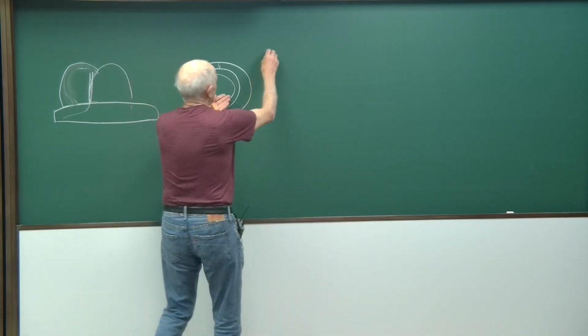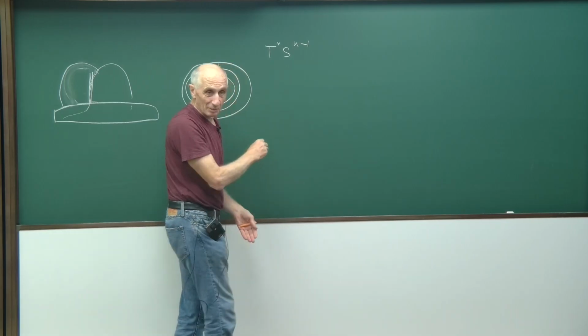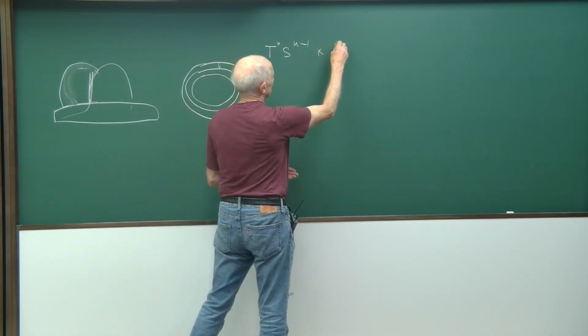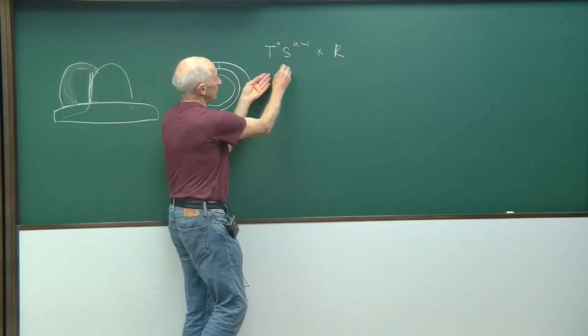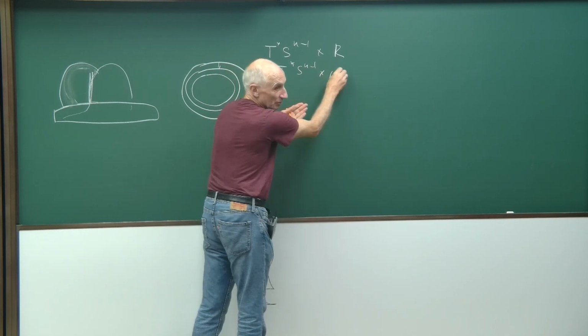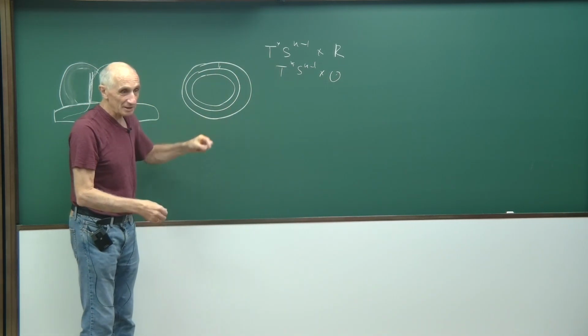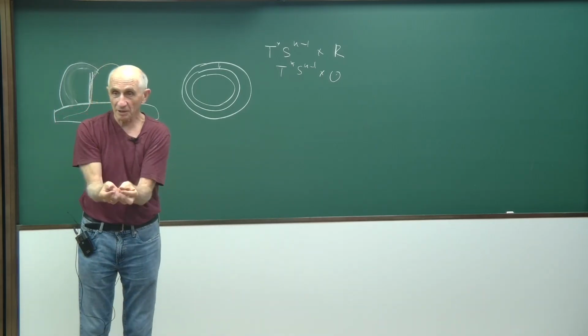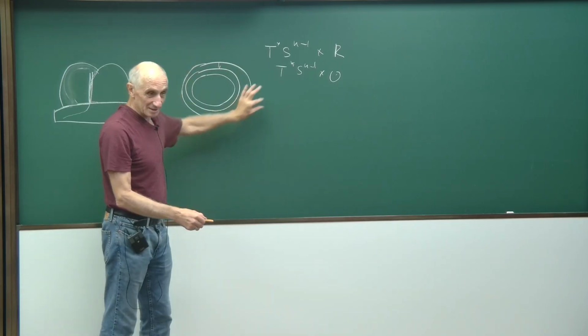Therefore it is the same as T star of S^(n-1) times R, and inside this you have T star of S^(n-1) times 0. For instance, if it's a one-dimensional Legendrian, you have a two-dimensional Weinstein annulus inside this boundary.